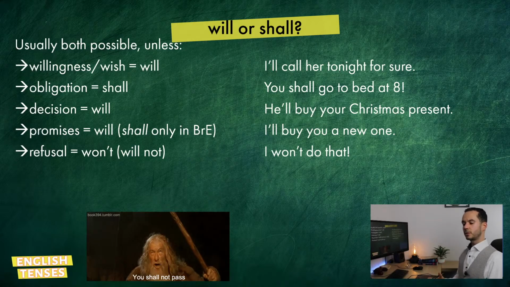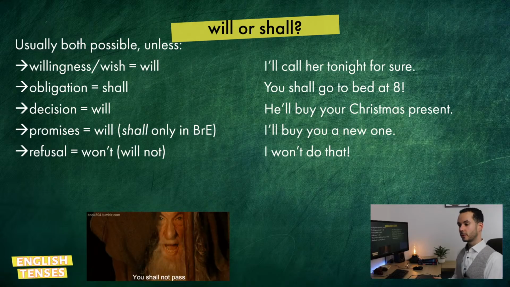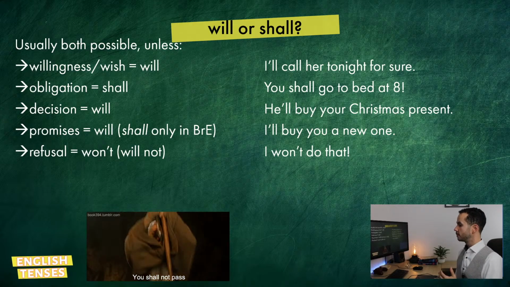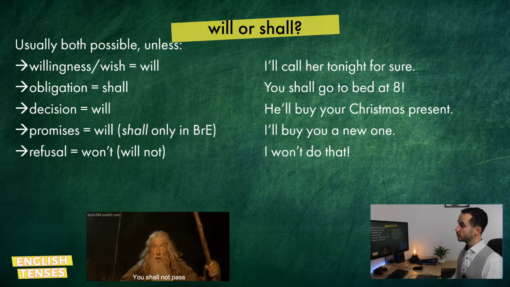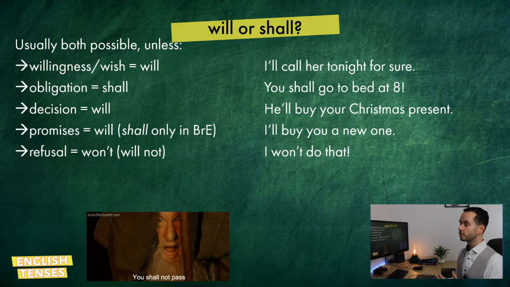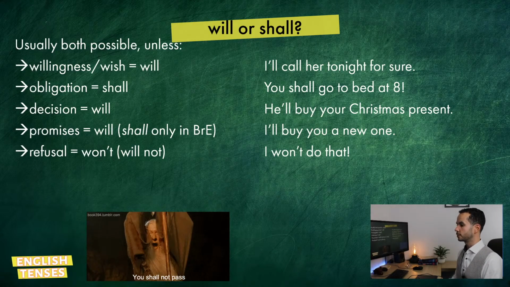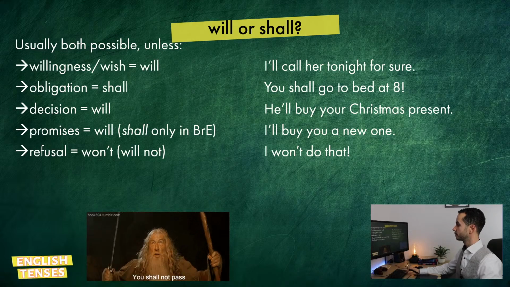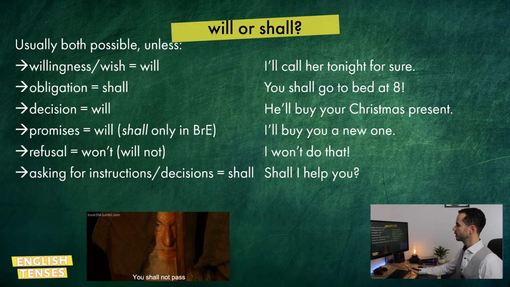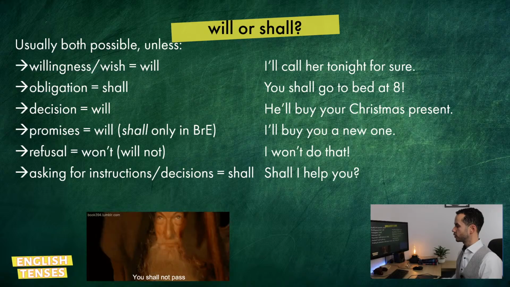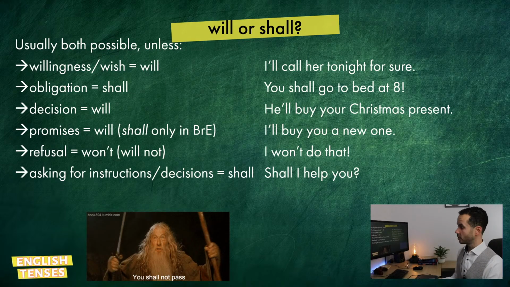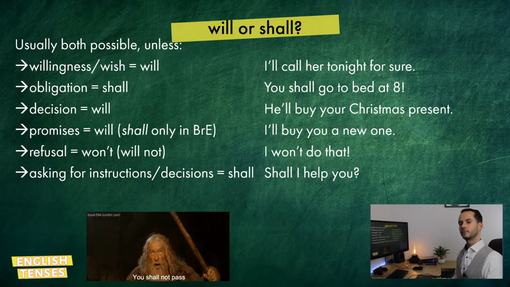So in general, we can use either will or shall, but there are some exceptions to this rule, regarding willingness, obligation, decision, promises, and refusals. Finally, when we ask for instructions or decisions, we also use shall. So, shall I help you?